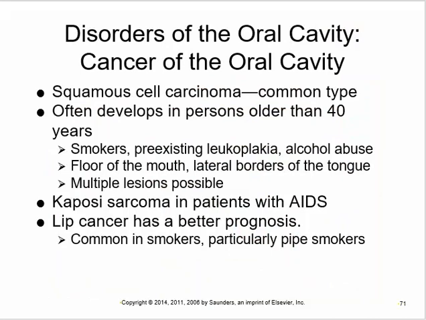So, like I said, this can develop into squamous cell carcinoma because the keratinocytes are squamous cells. It usually takes years of irritation for the dysplasia and for it to become carcinoma. So it's usually people over 40.